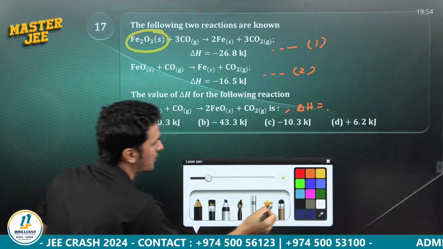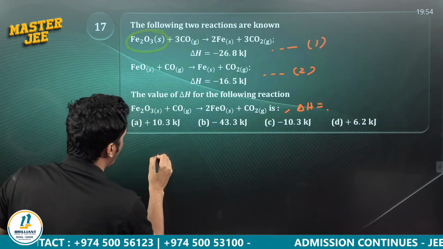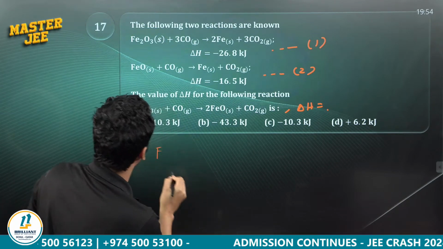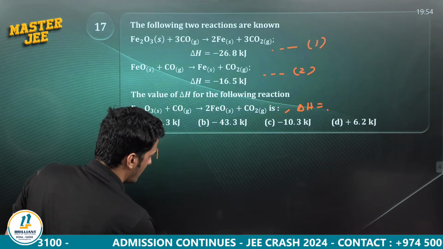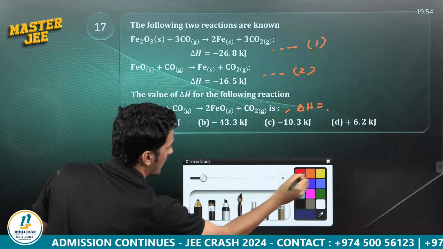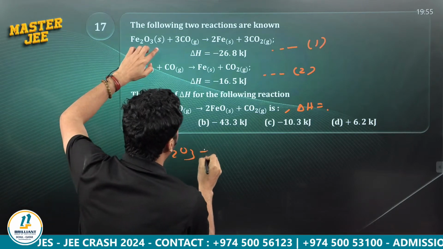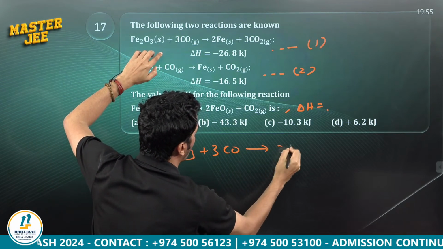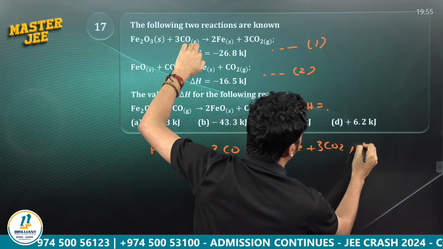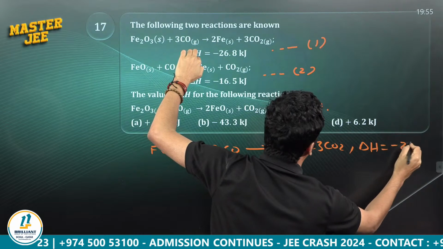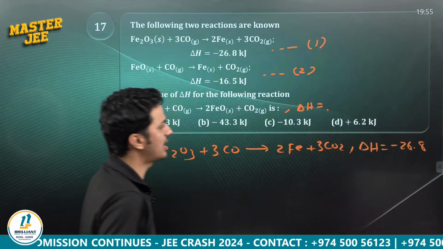So that equation you have to write as such. Fe2O3 plus 3CO gives 2Fe plus 3CO2. Its delta H is minus 26.8. That I wrote.